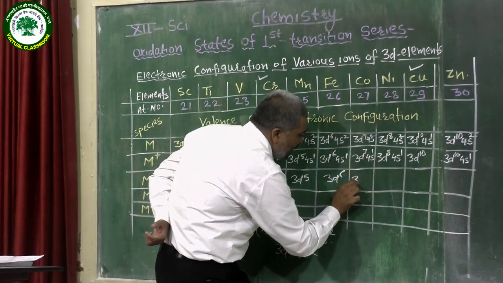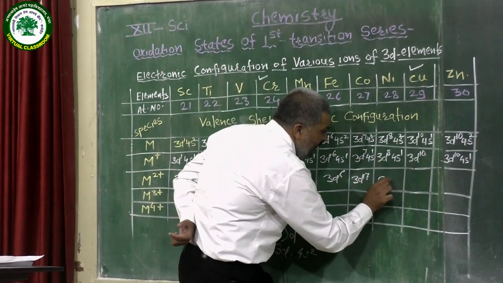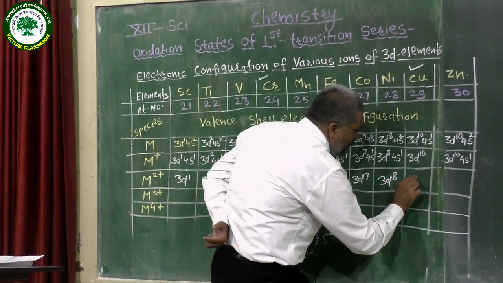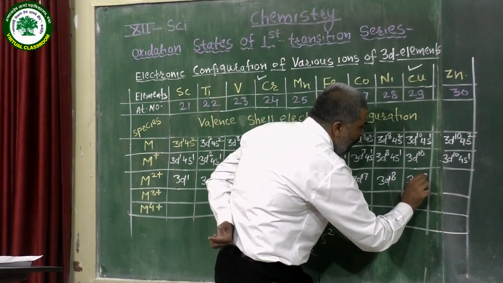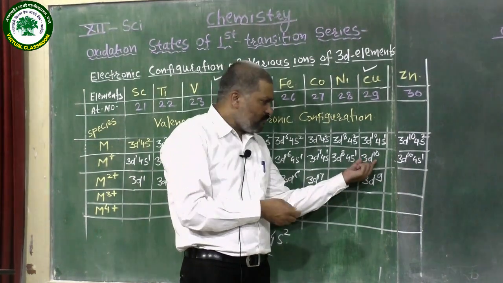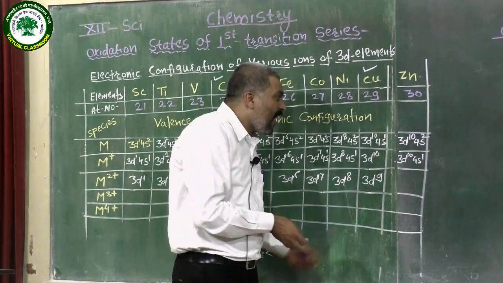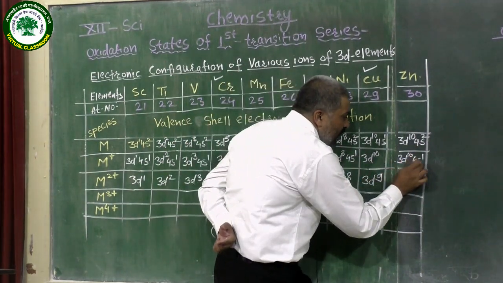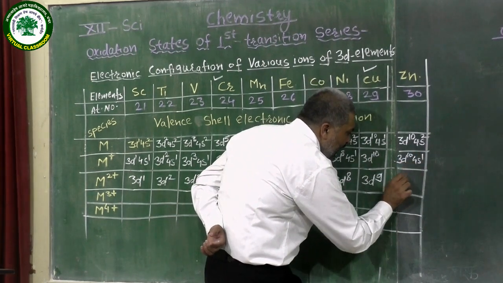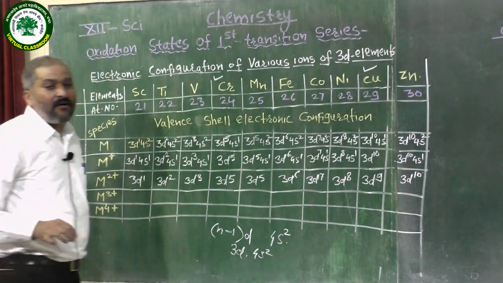In case of cobalt, 3d7. And in case of nickel, 3d8. And in case of copper, 3d9. Here one electron from d10 takes part in the bonding, therefore it becomes 3d9. And here one more electron from 4s is lost to attain the +2 oxidation state, and it acquires 3d10 electronic configuration.